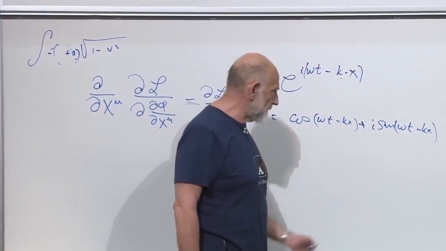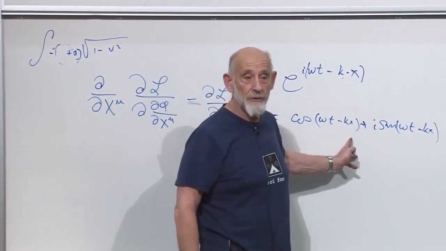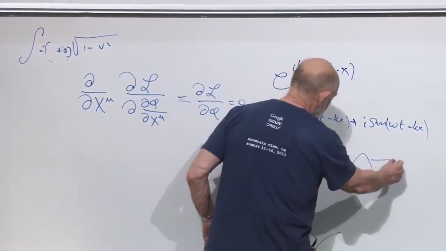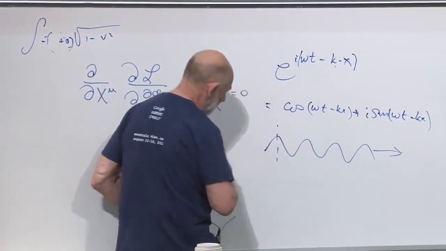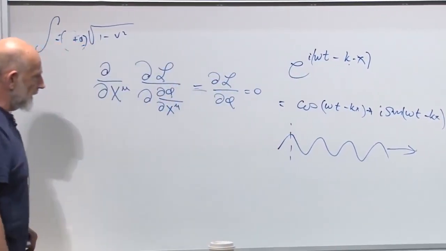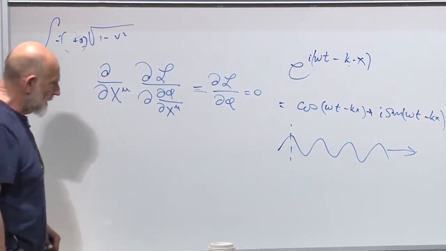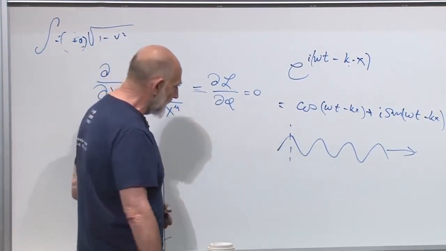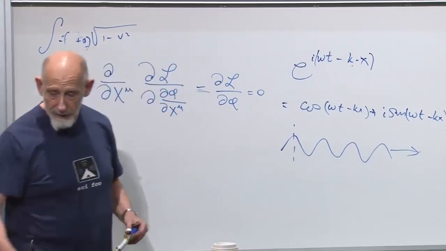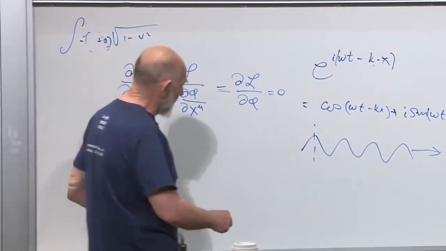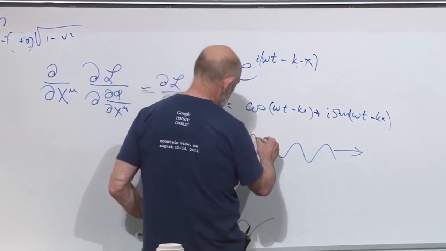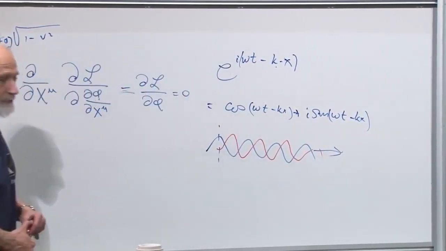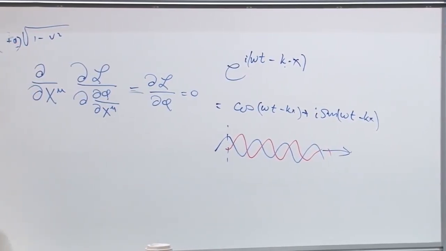They're both plane waves, and they're 90 degrees out of phase. If this is a wave that moves down the axis such that at time t equals 0 the wave peak is located here, that's the cosine, then the sine is just another wave that's displaced like that. You can add them together, you can subtract them, and they're still solutions.